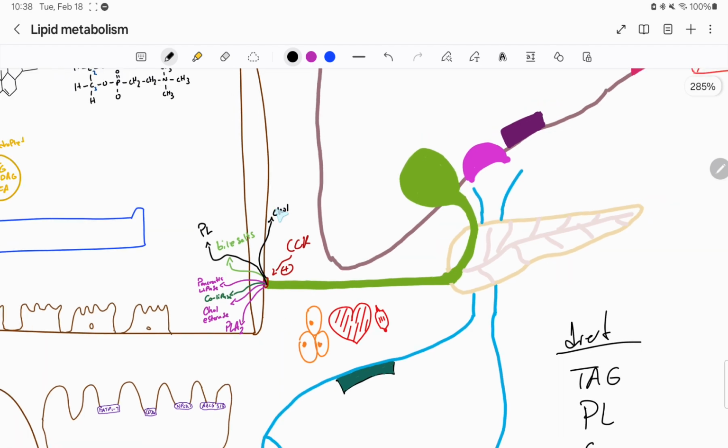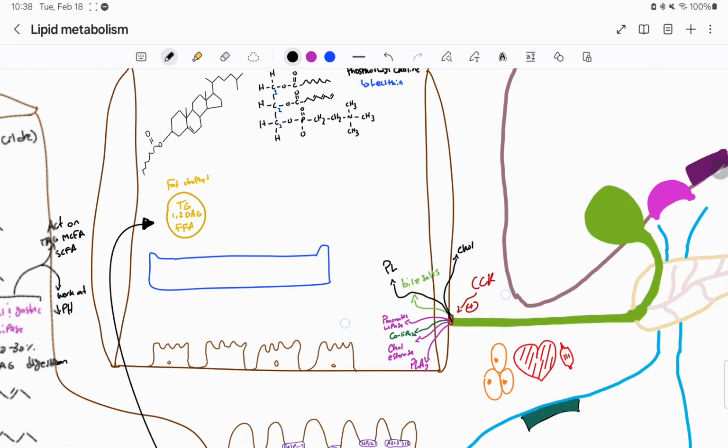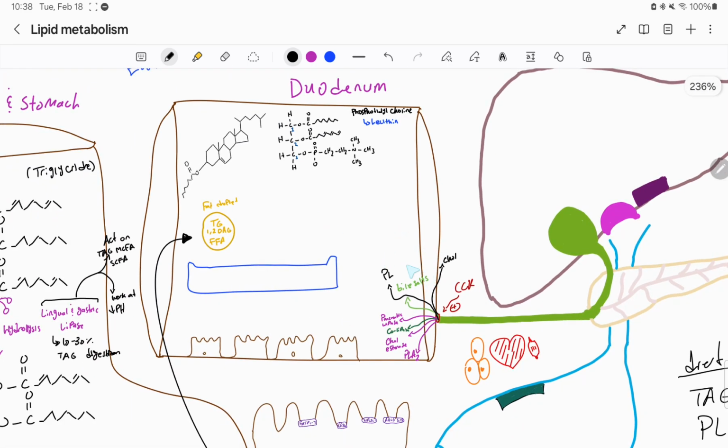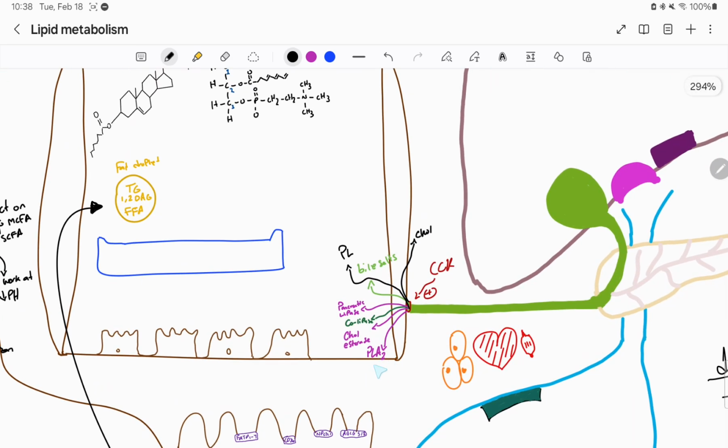The cholesterol and phospholipids released from the bile into the small intestine will also go through the digestion process we're about to talk about. That's why I brought that up. Another reason is that these are the enzymes we're going to use in the small intestine to start digesting a lot of these molecules.